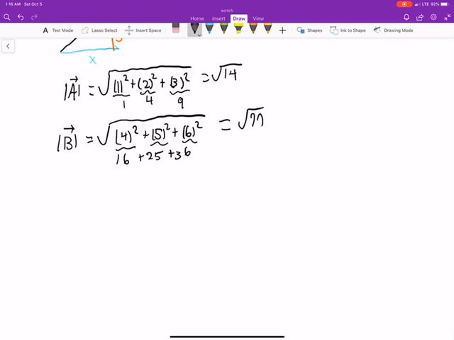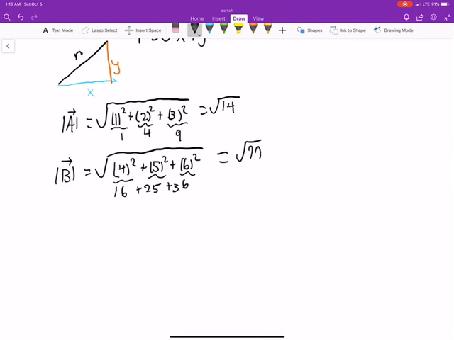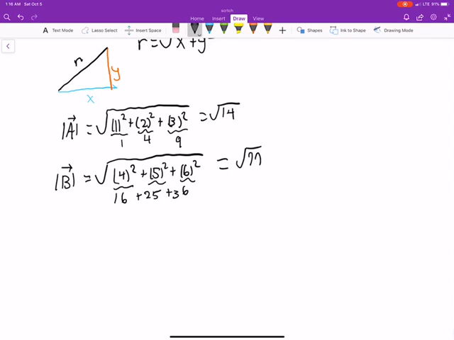Plus 16 is 77. So that's the magnitude of our two vectors, kind of like this r. And that's what these bars denote, that we're looking for the magnitude.